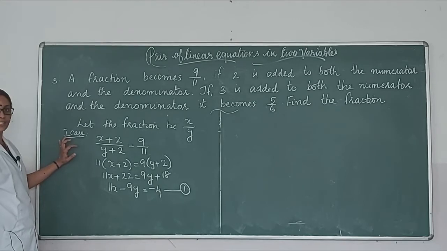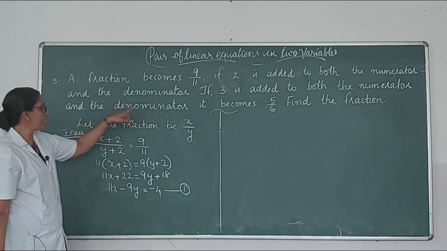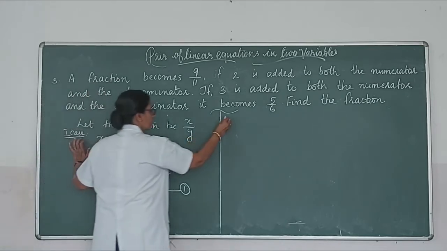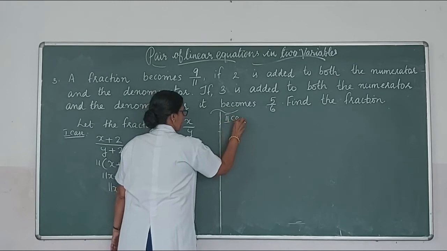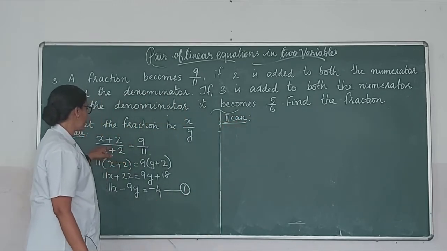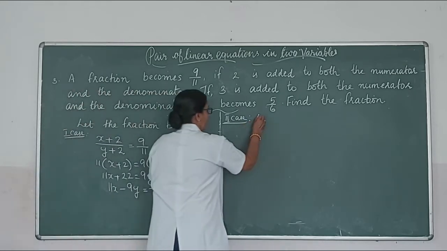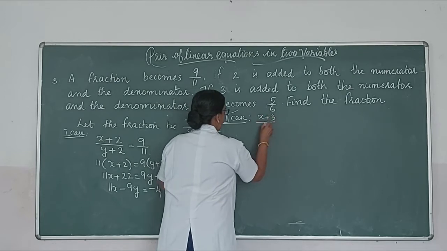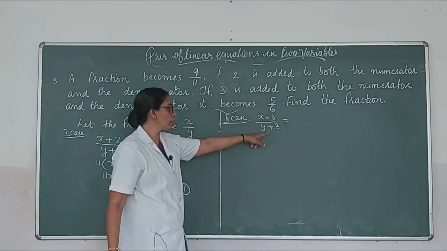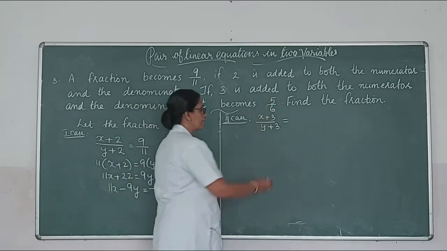Now, what is the second case? The second case is if 3 is added to numerator and denominator. So, x plus 3 by y plus 3. When we add 3 to both numerator and denominator, the fraction becomes 5 by 6.